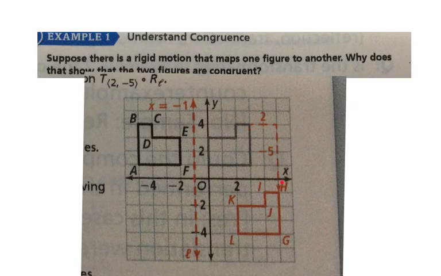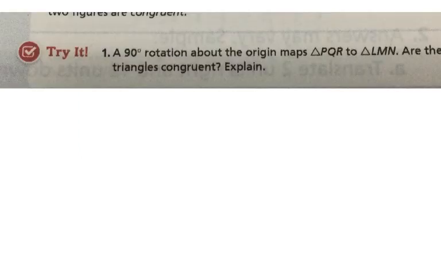They went right 2, down 5. And you can see when they did that, it mapped exactly onto the one that is already drawn, the IJHGLK figure. So that means those two are congruent because one maps onto the other using rigid motion.